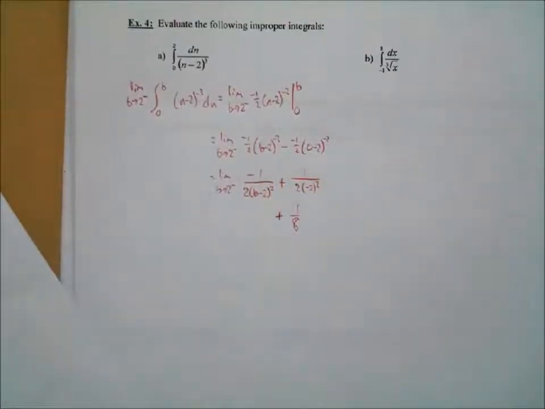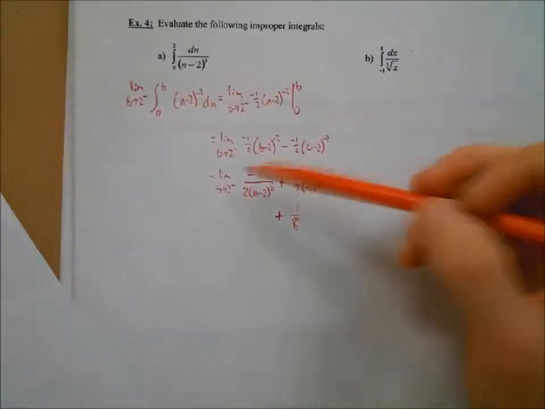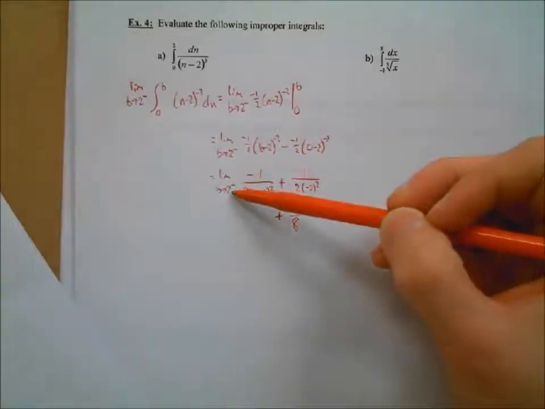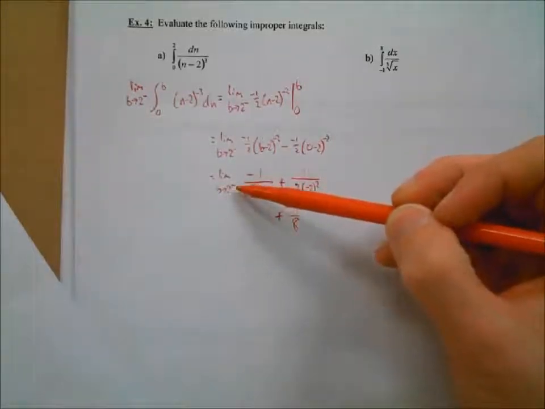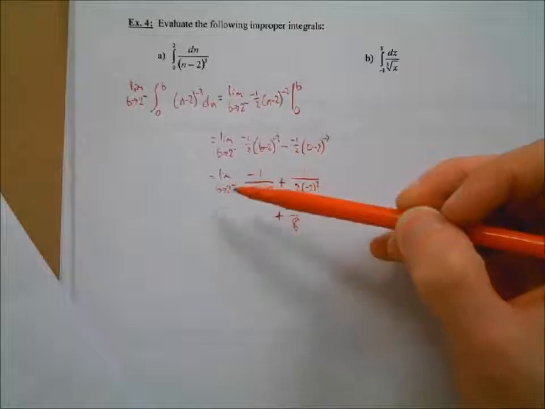what's going to happen as we approach 2 from the left here? What is this going to approach? Well, let's imagine approaching 2 from the left. That means we're going to be like 1.9, 1.99, 1.999.